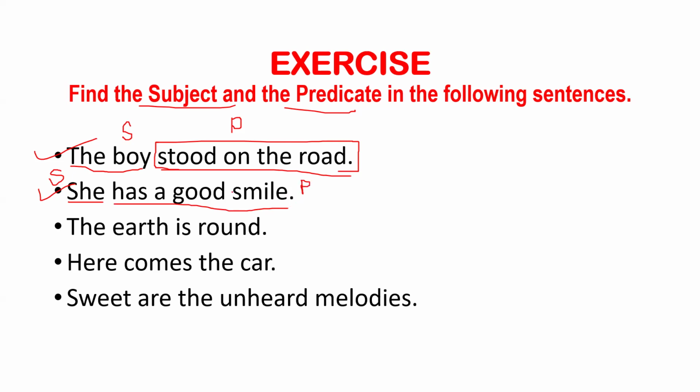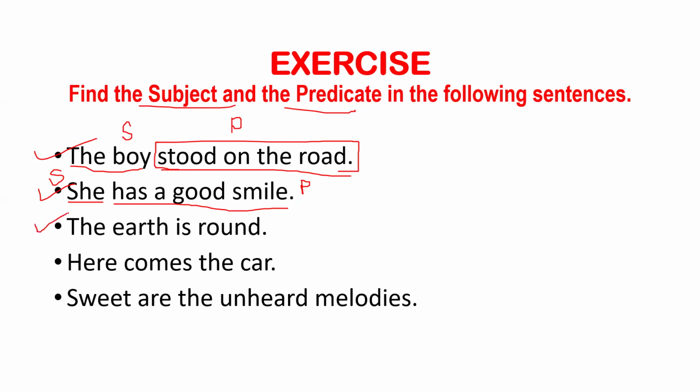So that is how you have to identify subject and predicate, and these are the very basic questions that come in the exams of matric, or 9th or 10th, or intermediate exams. So you have to grasp this concept fully in order to achieve the best grade in this subject.